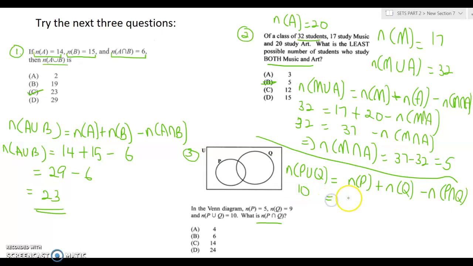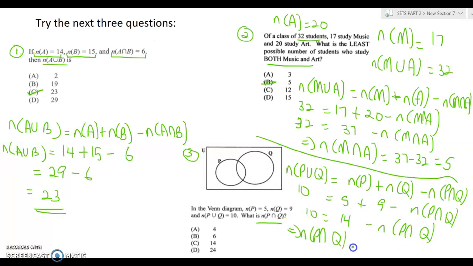Union is 10, P is 5, plus Q 9, minus that intersection. So 10 is equal to 14 minus the number of members in the intersection. So the intersection value would be 14 minus 10, which is 4.